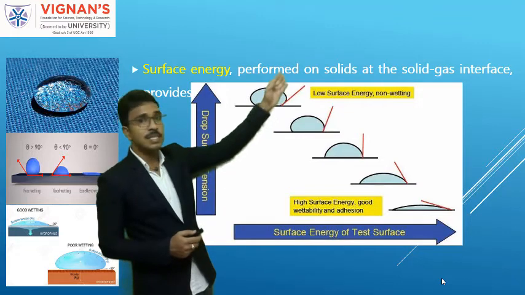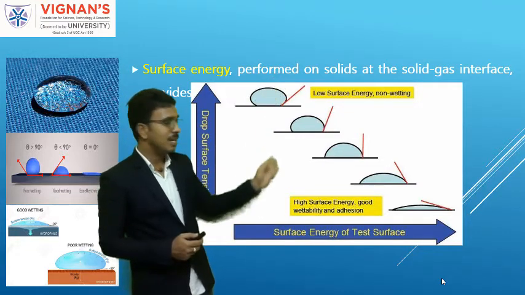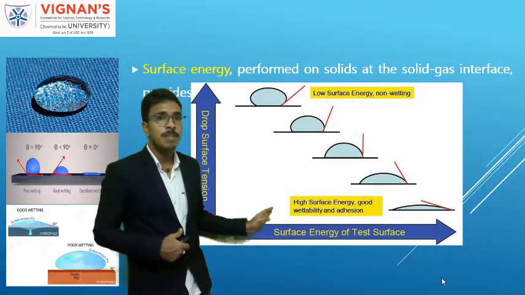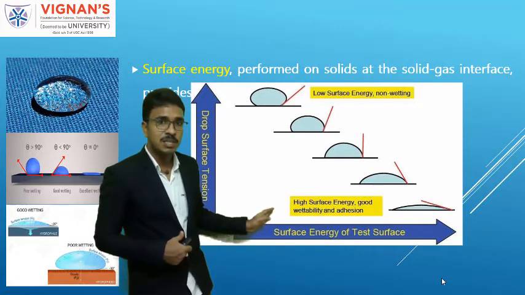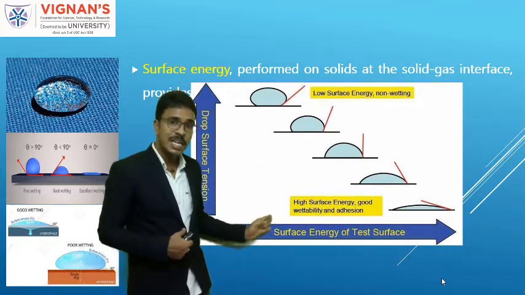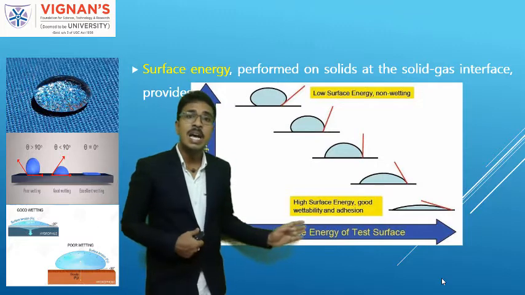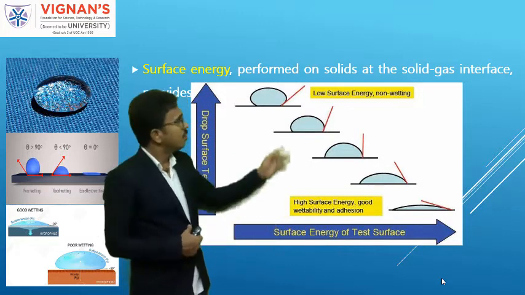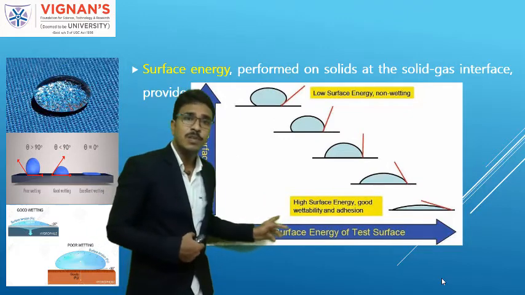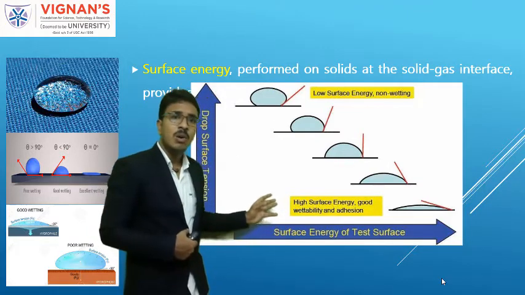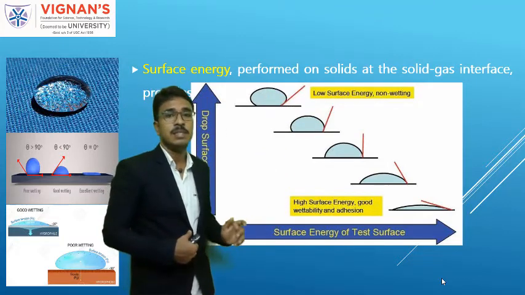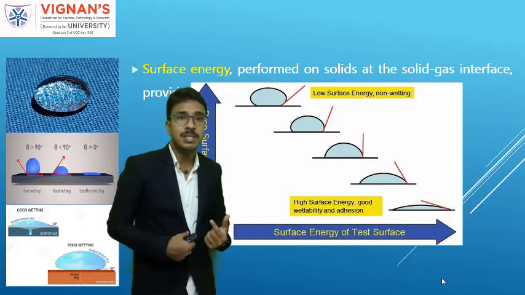Low energy surfaces are at the top and high energy surfaces at the bottom. What can you understand from this image? Look at the water droplet, at its size or the contact angle of the water droplet on the solid surface. We have discussed contact angle already.